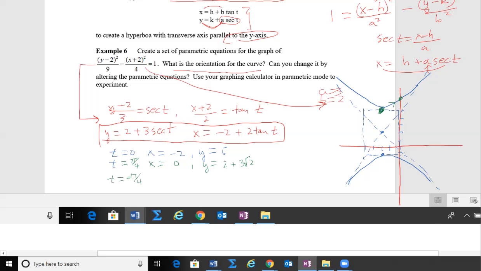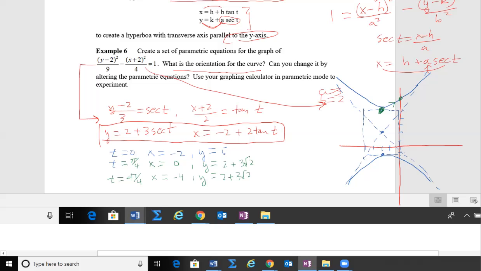What would happen there? Well, x would be negative 4, and y would be 2 minus, still plus 3 root 2.